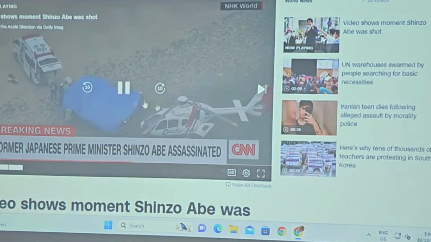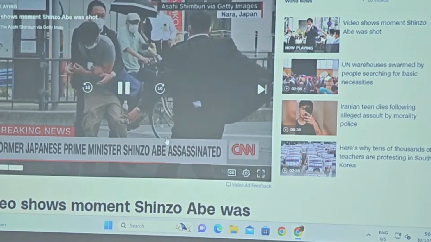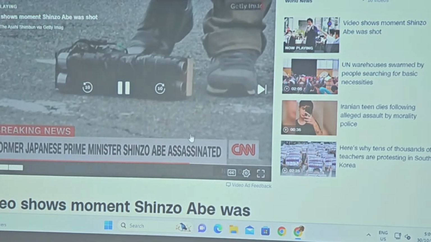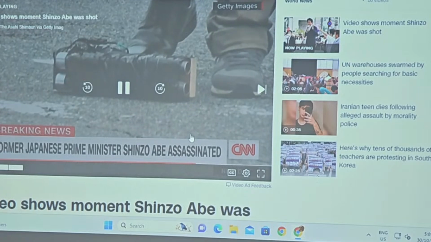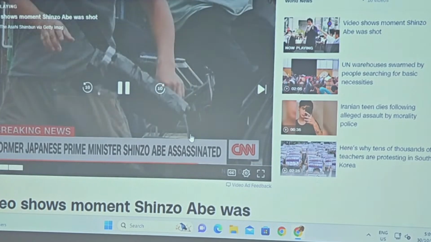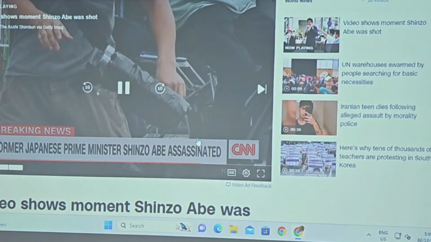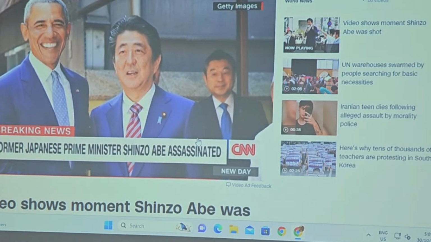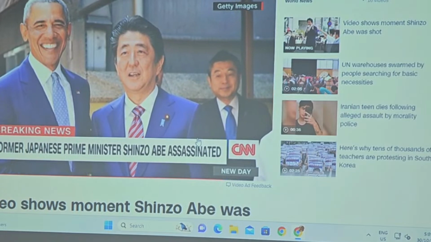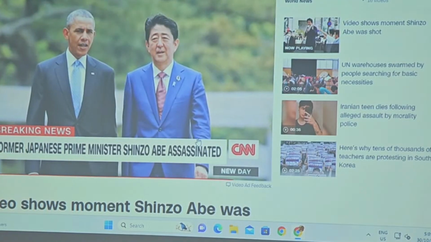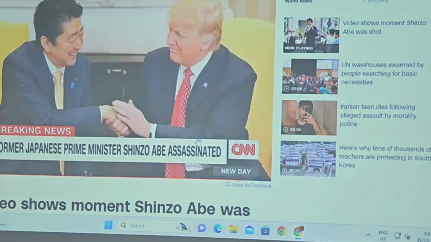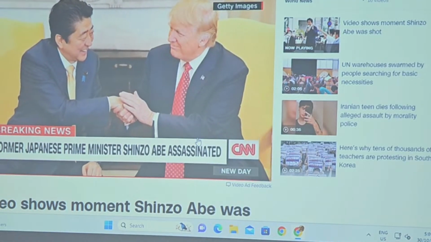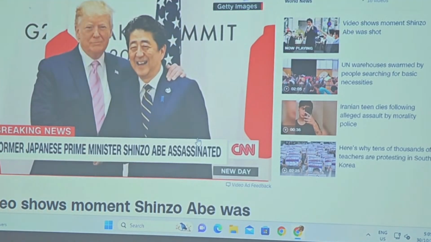So this is the boy, the crazy boy. A homemade gun, and campaigning for the election. He was standing there. What happened to the boy? He is in jail. Okay, thank you.